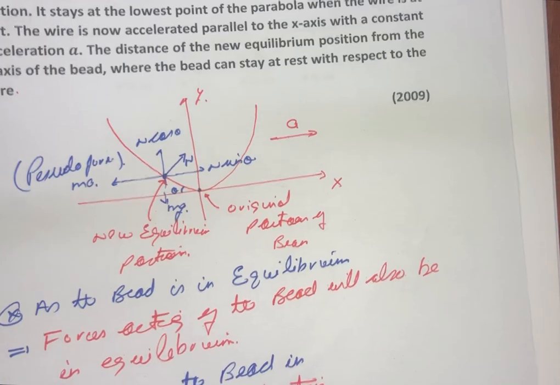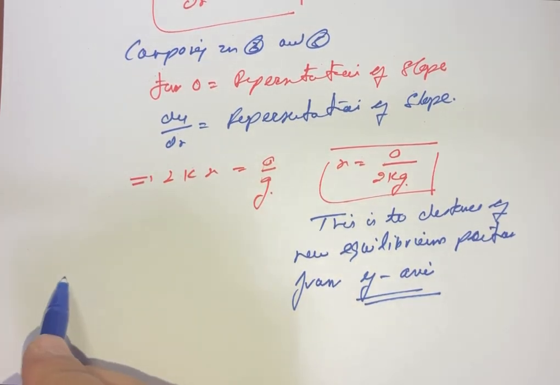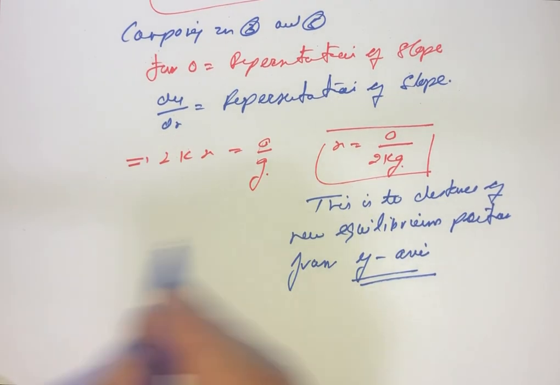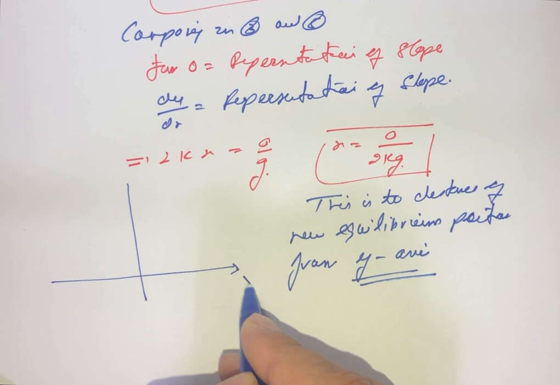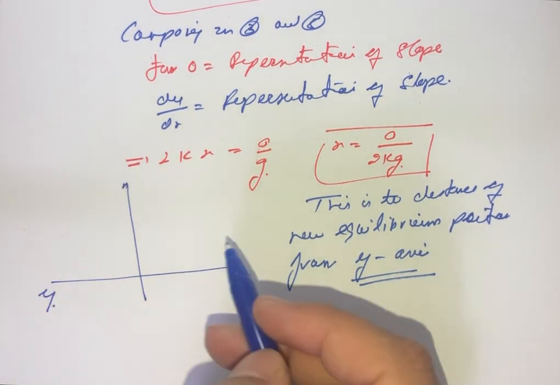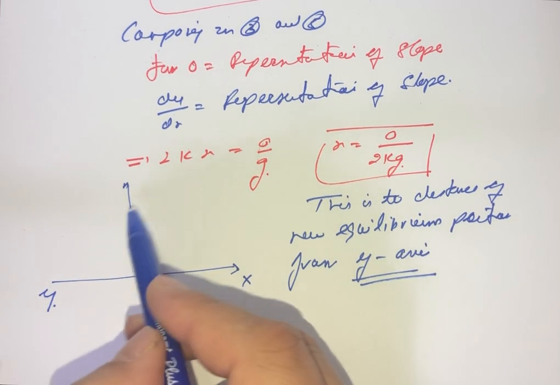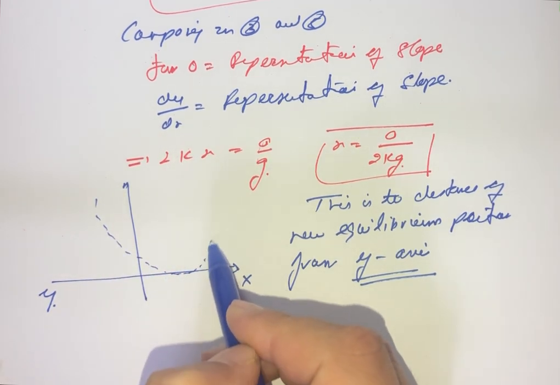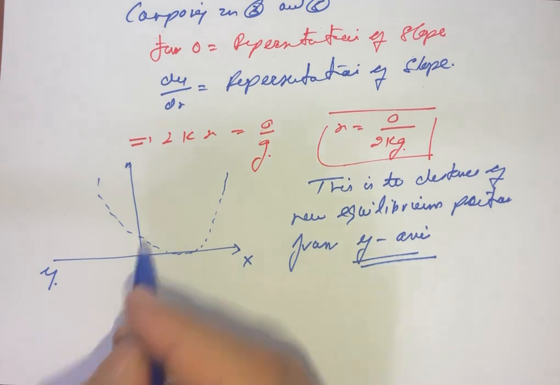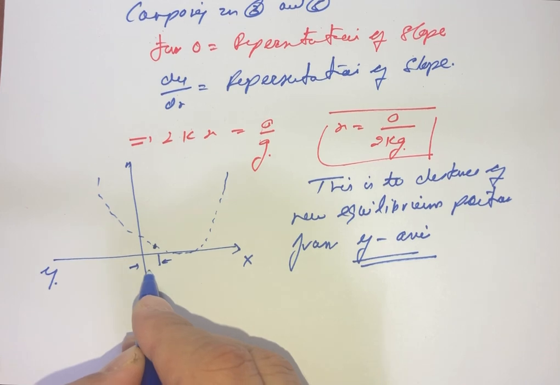If we want, we can also represent it with the help of a figure. This is our x-axis and this is the y-axis. Now the parabola will be shifted something like this. And suppose this is the new position, and this distance will be given as x.